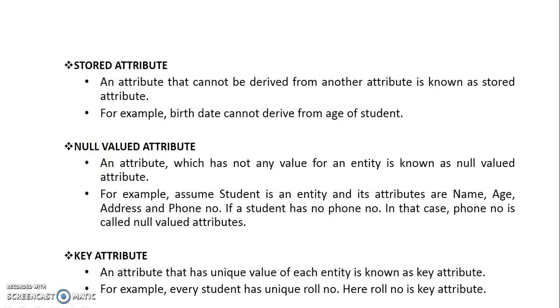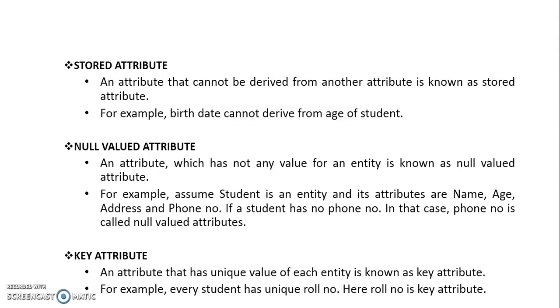Next comes a key attribute, an attribute that has a unique value. Unique means it will not be repeated. For example, roll numbers allotted to the students. A roll number cannot be allotted to 2 students. It should be unique to each student. Like you can say your Aadhaar number, for each person all over India, your Aadhaar number is unique.